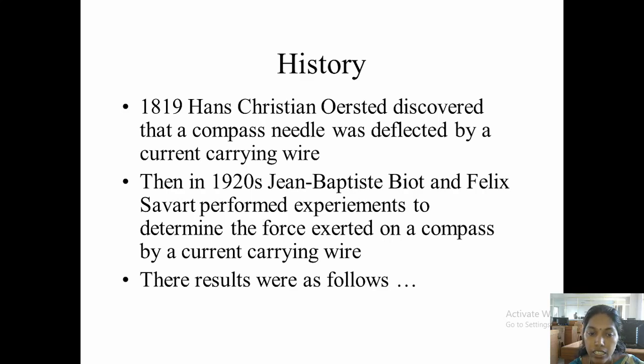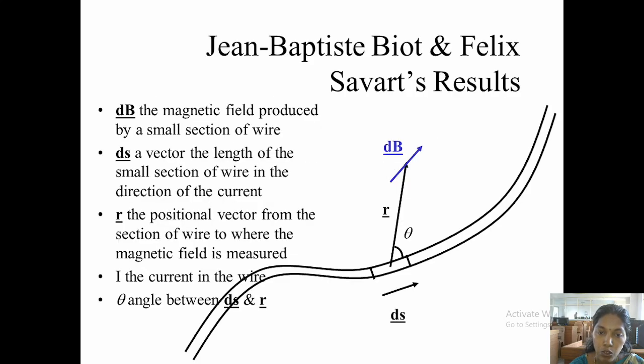Then in 1920, Jean Baptiste Biot and Felix Savart performed experiments to determine the force exerted on a compass by the current carrying wire. These two experiments provide us the following result.